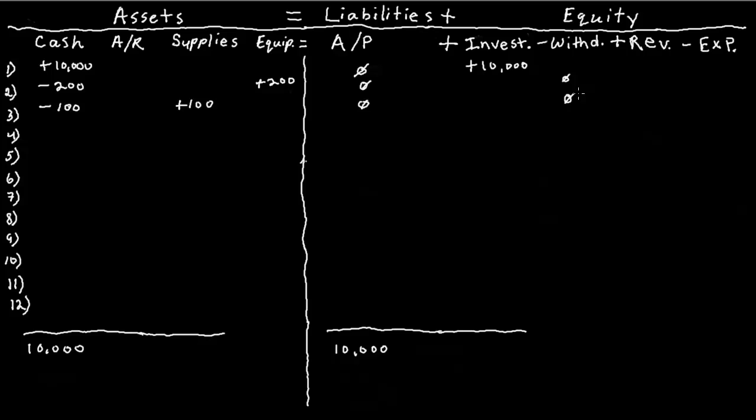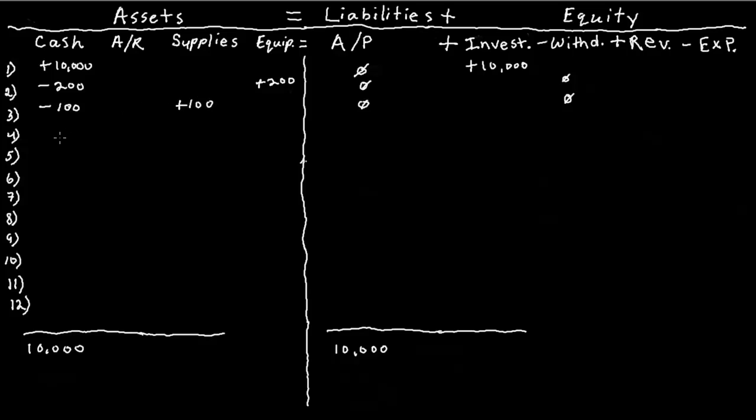In these previous two examples, all we've done is switched one asset for another. When you switch one asset for another, the net effect is actually 0. So there's no change on this $10,000 right here, because we started off with 10, and then we switched $200 worth of cash for $200 worth of equipment, and $100 worth of cash for $100 worth of supplies. So the net effect of those was 0.